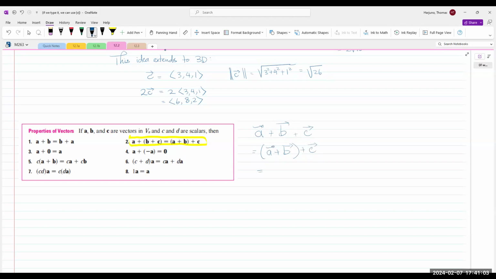Either the first 2 first, or you add the last 2 first. Together with the commutative property, when you add vectors, you can do it in any order.